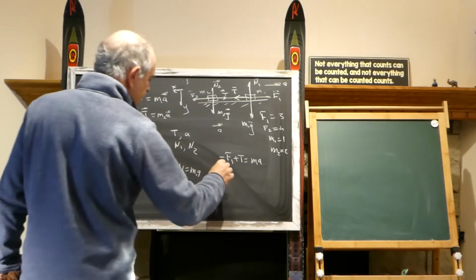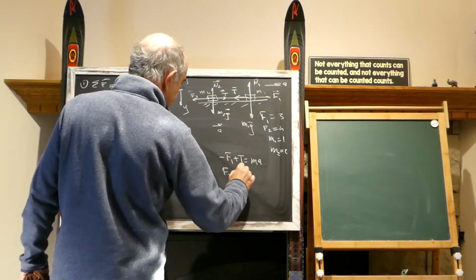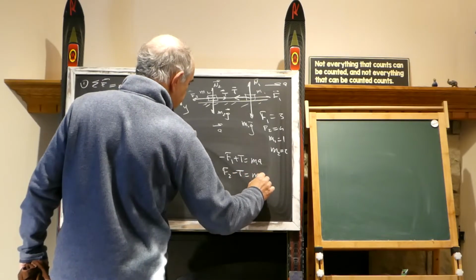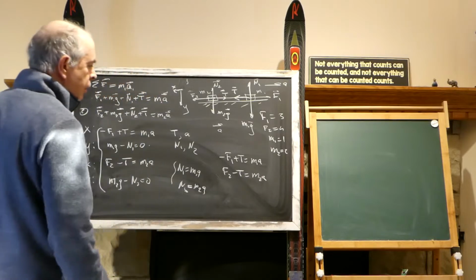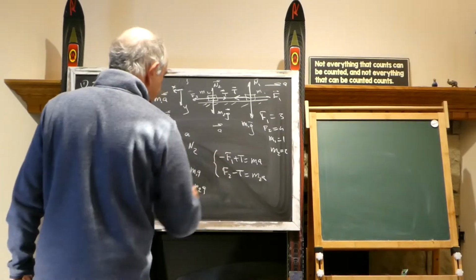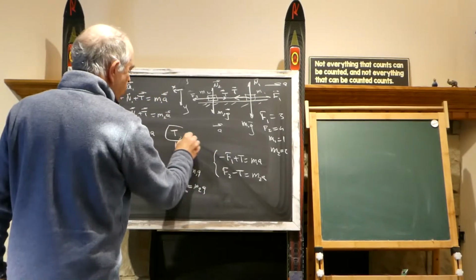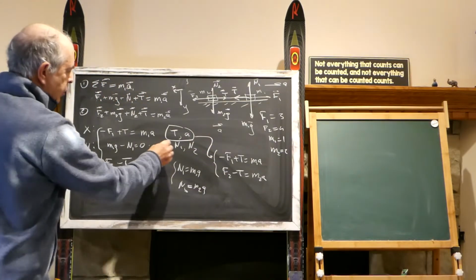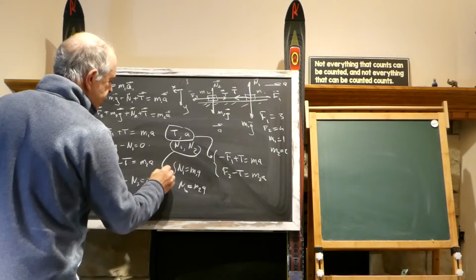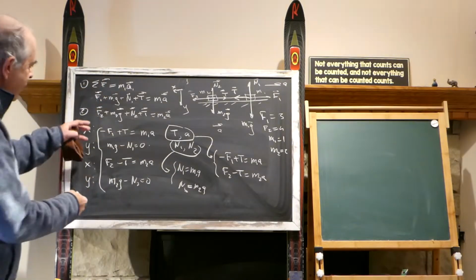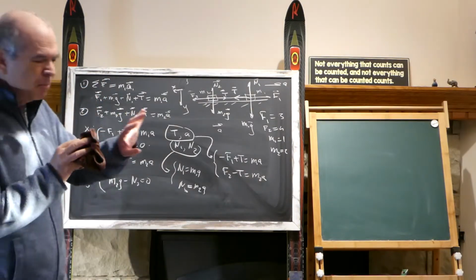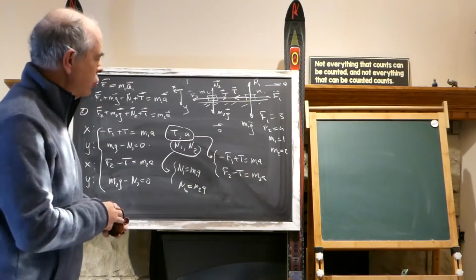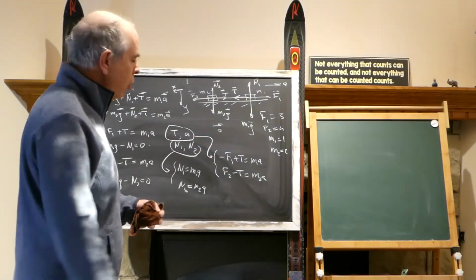And the second, F2 minus T equals M2A. And these are 2 equations with 2 unknowns, because N1 and N2 we already solved. So these 4 equations have split nicely into 2 pairs. This is solved, this we need to solve. T and A are unknown.